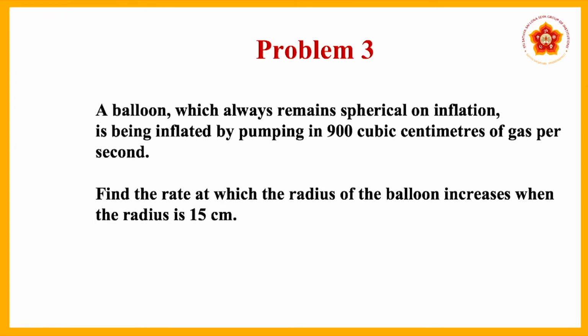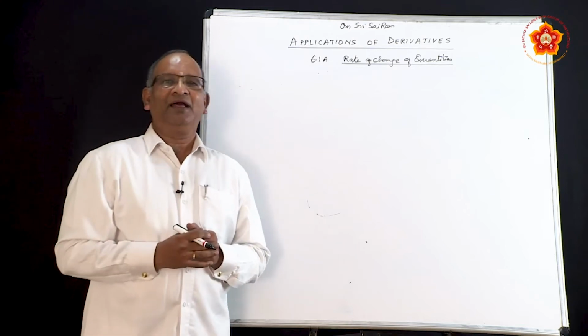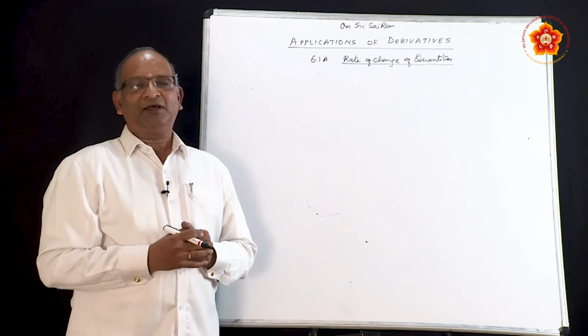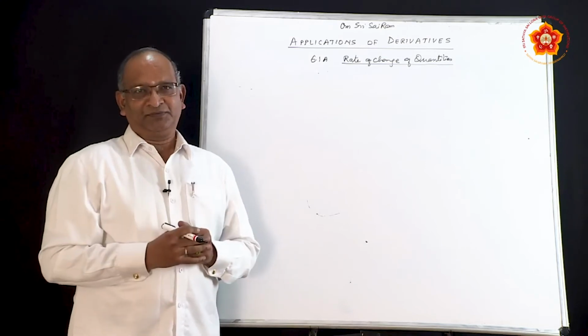The next problem is a very practical problem, very interesting problem, which reads, a balloon. I am sure you all enjoyed blowing the balloons when you were very young, or even now when there is an opportunity, whenever there is a function, when in order to decorate we use balloons and we blow balloons.